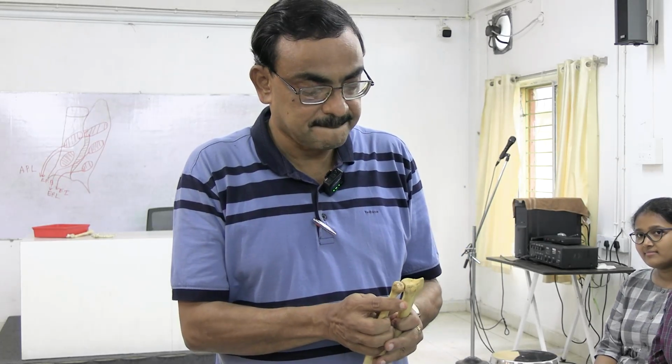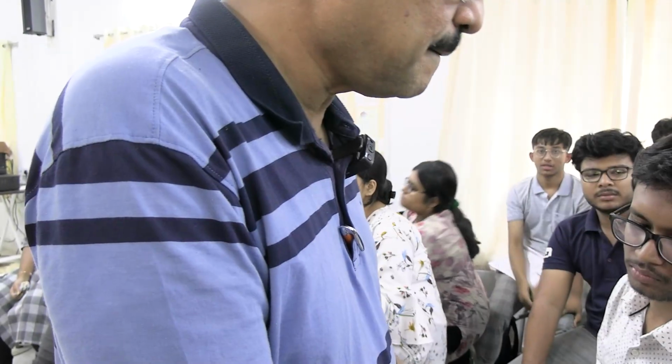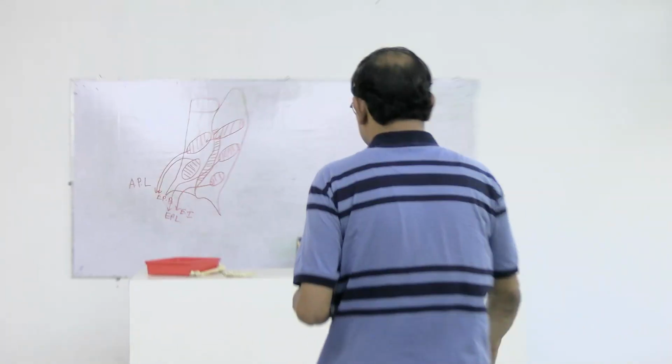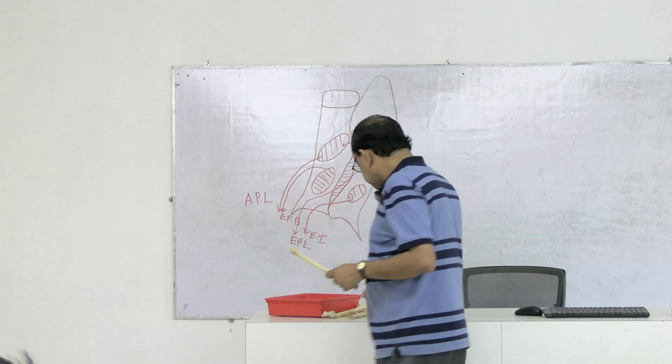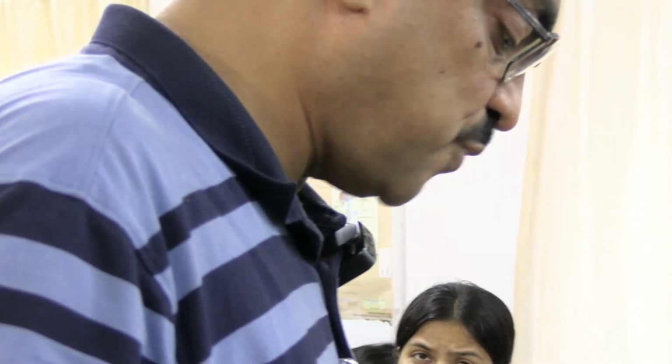The triangular area is for articulation with a carpal bone, the scaphoid, and the quadrangular area is for articulation with the lunate.